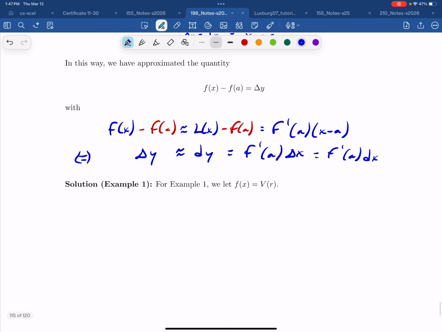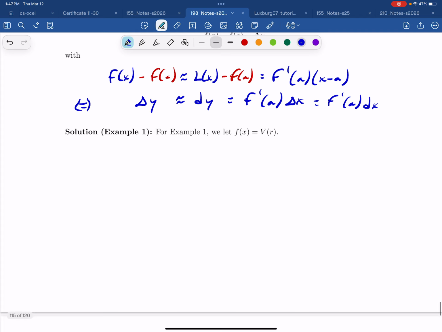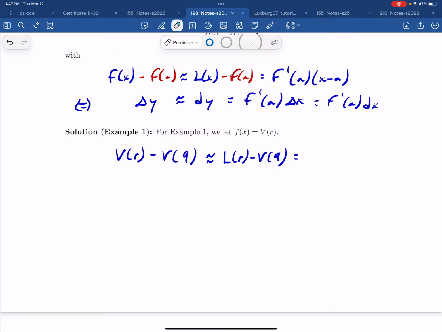Okay? So for example 1, we use this approach to say, okay, V of r minus V of 9 approximately equals, you could say, L of r minus V of 9. I'm not really going to worry about that too much. But anyway, this equals V prime of 9 delta r.